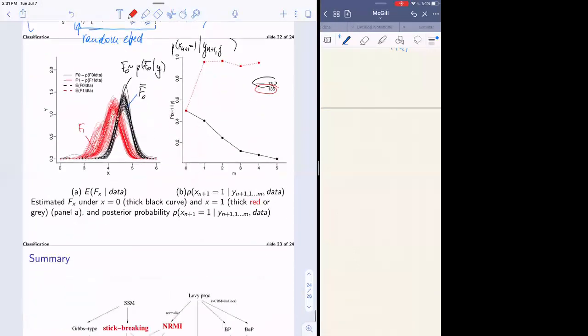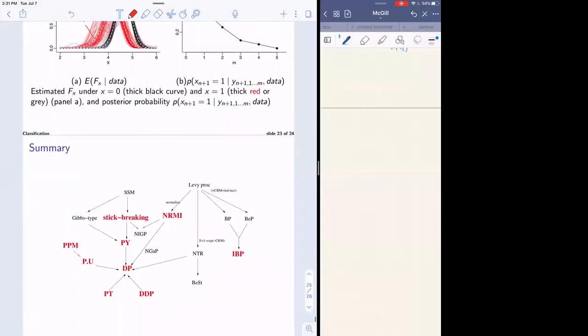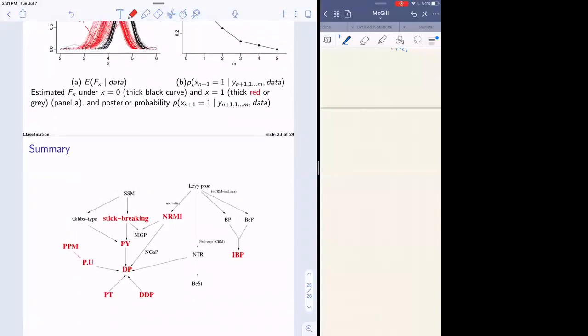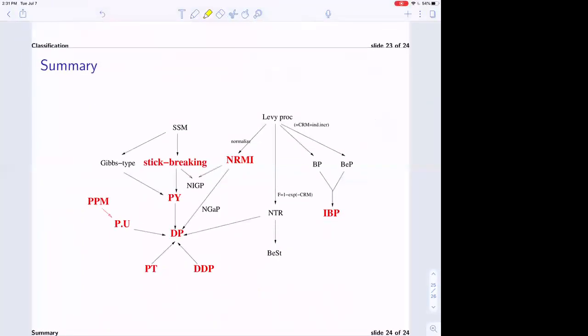I want to show you one more picture. It's not specific to regression, but just summarizing a little bit what we did so far. There's a proliferation of acronyms, right? So I just wanted to put them all together once. Here's the Dirichlet process, the first thing we ever had.